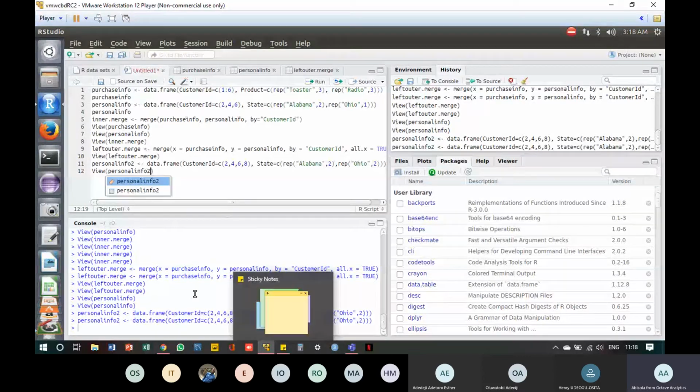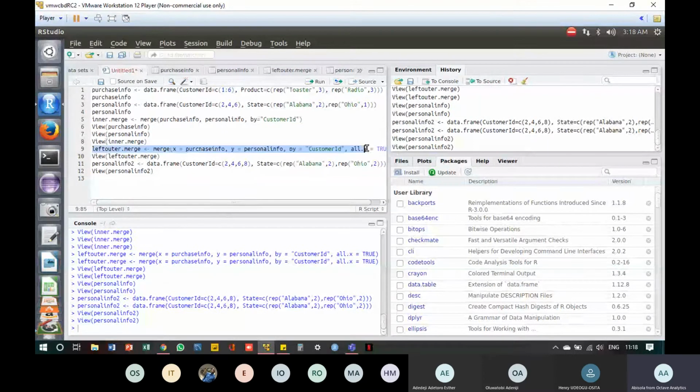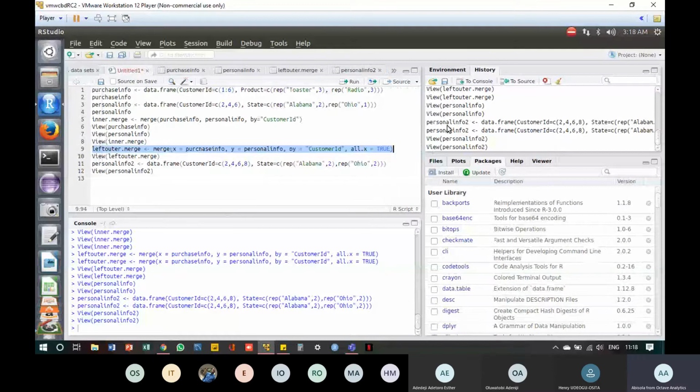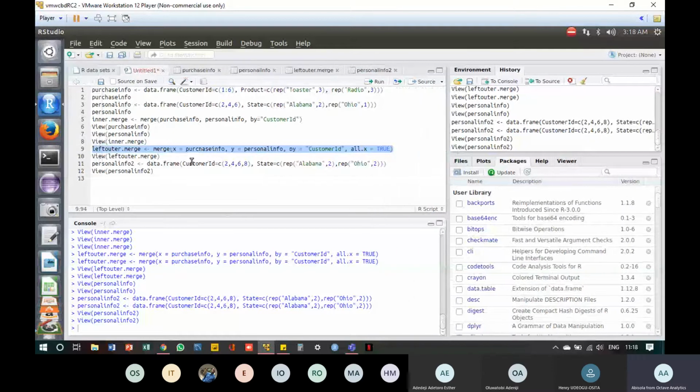So I have 2468. Now I want to merge purchase info with personal info, with the new personal info. So where's my merge command? My left outer merge command. So I'm going to do another left outer merge command. Copy. And I'm going to paste this here, and I'm going to call this 2.